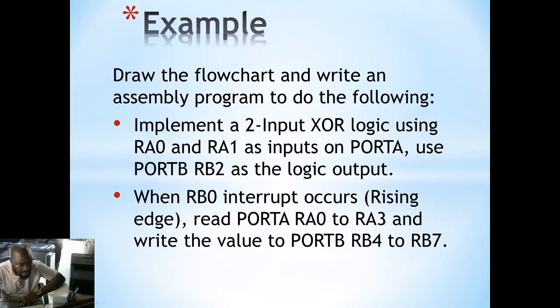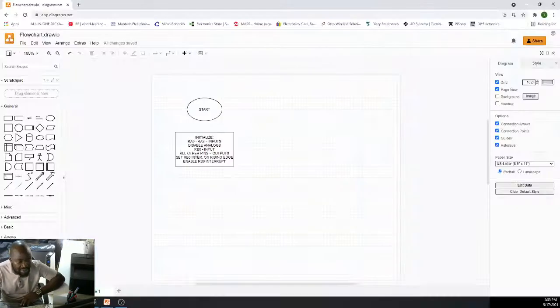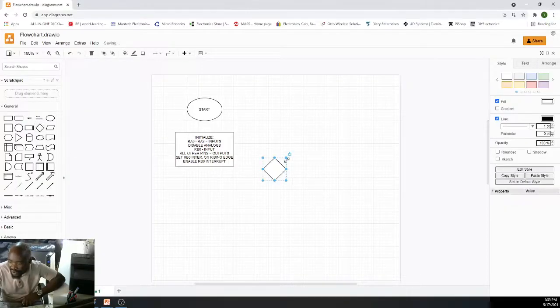So to implement that, we say now we are going to test. Remember now, for the exclusive OR, when the two inputs are the same, the output is 0. When both inputs are zeros, the output is 0.